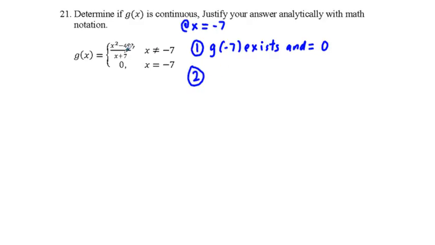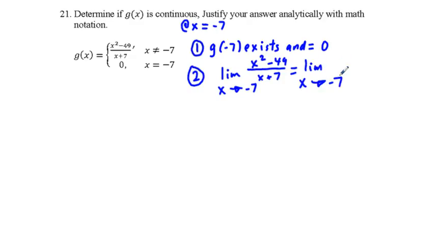The limit as x approaches negative 7 of x squared minus 49 over x plus 7 is the limit as x approaches negative 7 of the factored form.